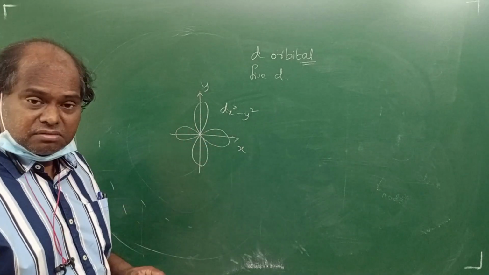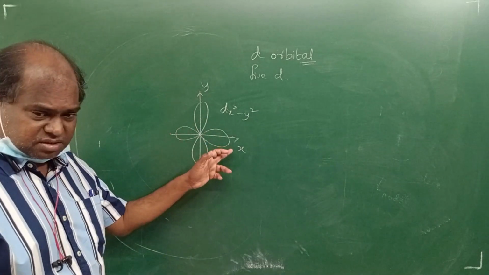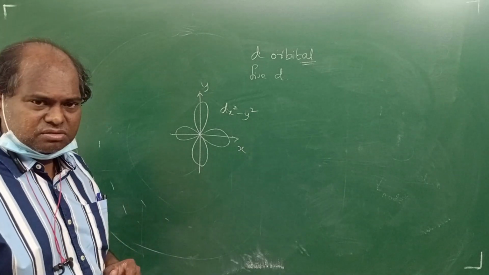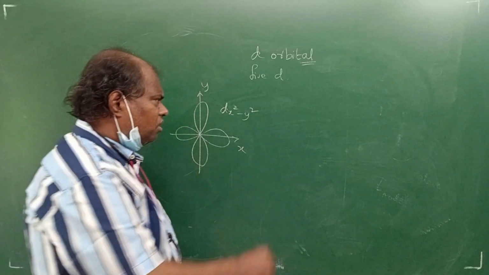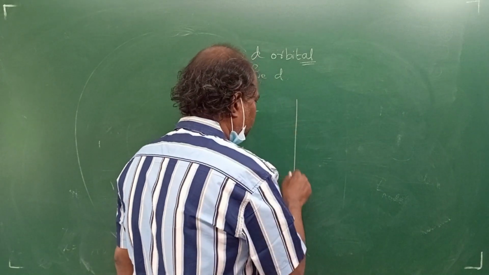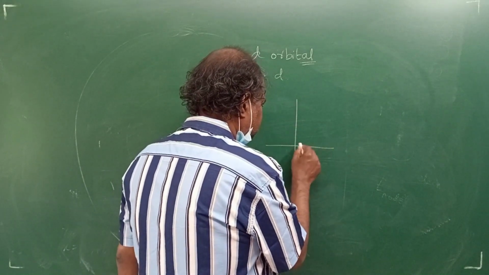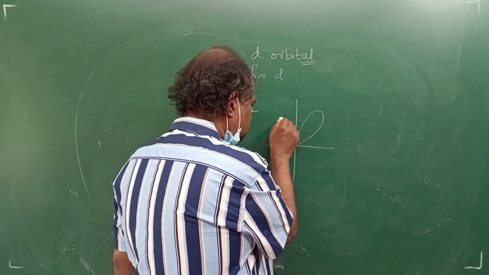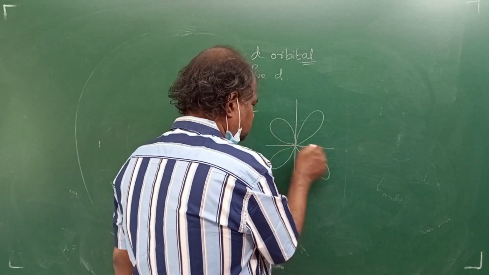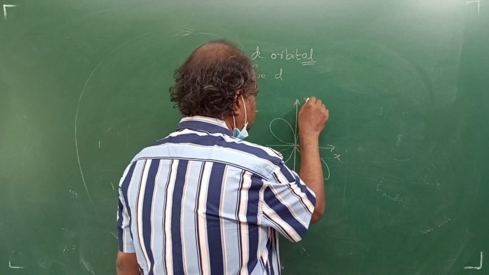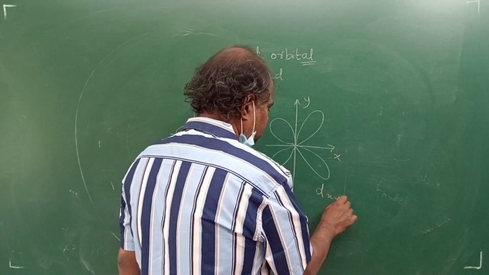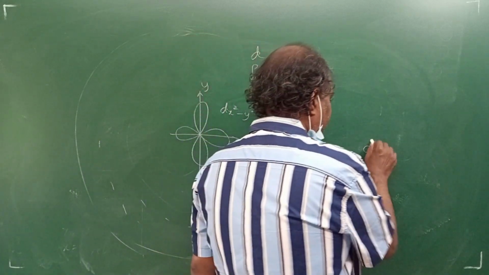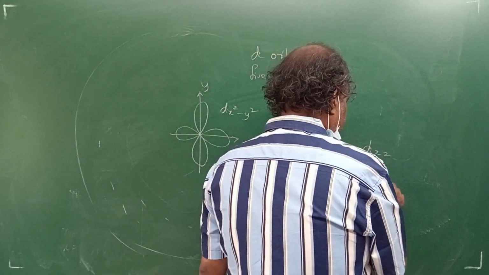It's a double dumbbell. They lie along the x axis and along the y axis. So dx square minus y square. I will draw all the orbitals, then I'll show you the nodal planes. So this is called dxy. Similarly, you can have dxz. Similarly, you can have dyz.